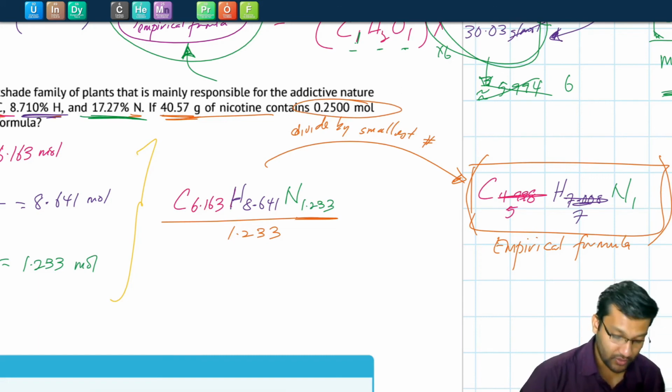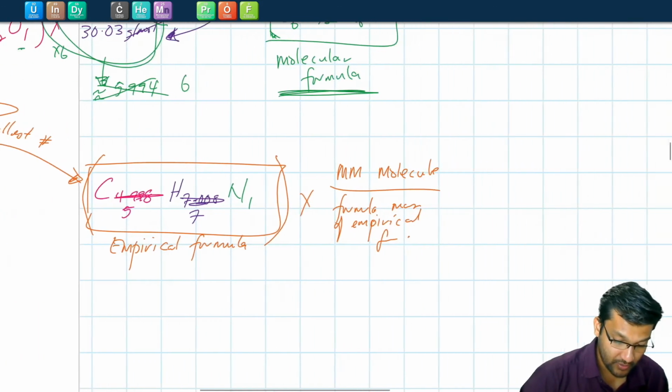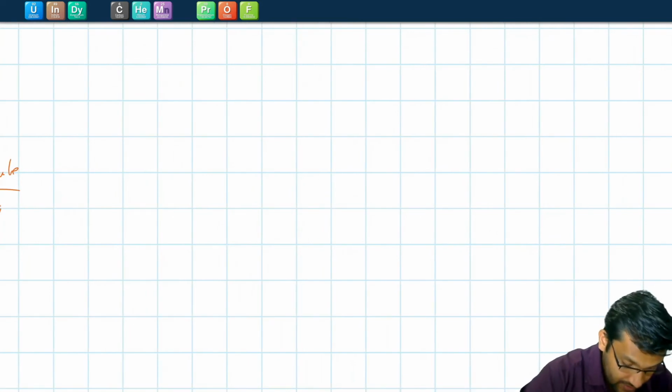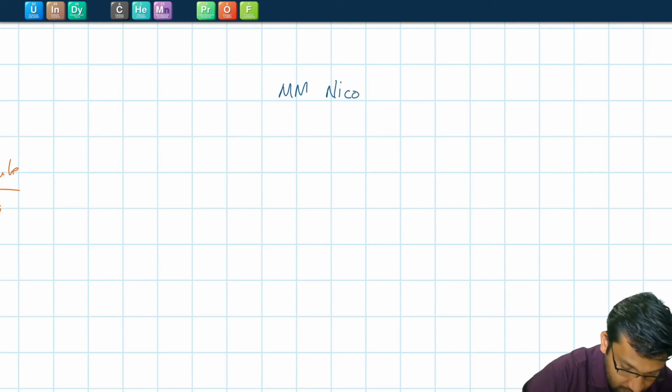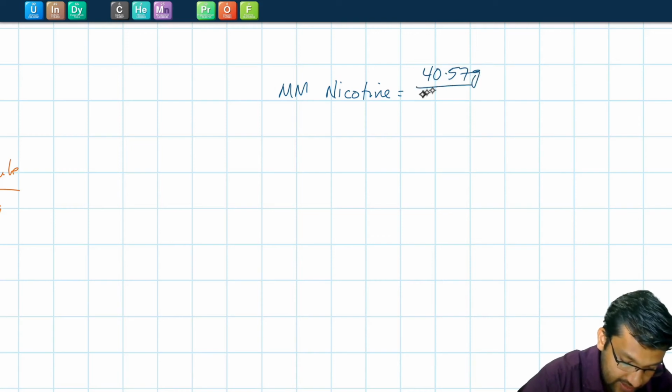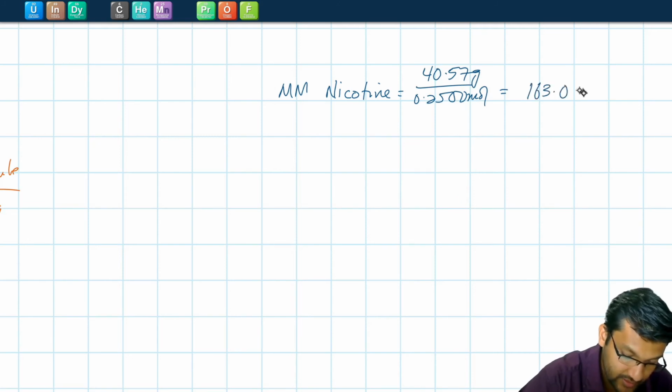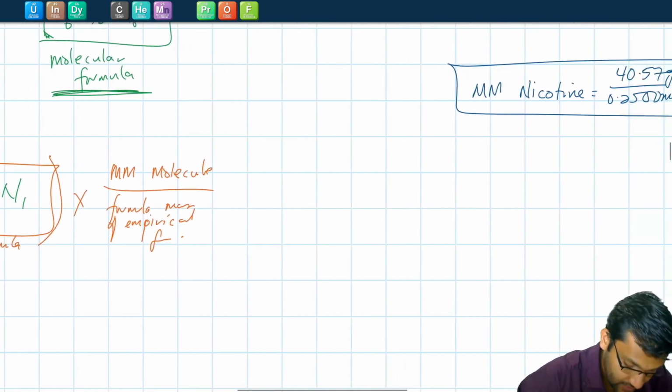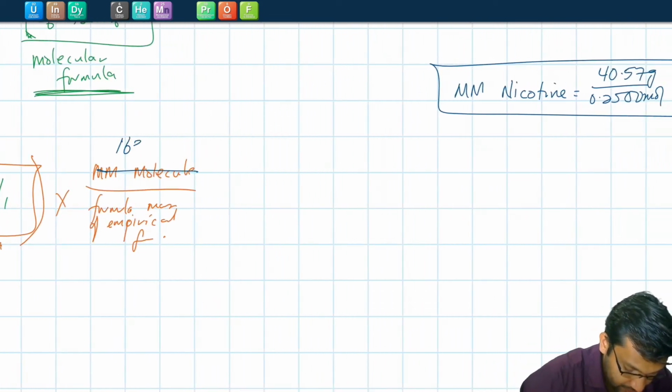Grams of nicotine, moles of nicotine, we can figure out the molar mass, right? So the molar mass of nicotine is equal to 40.57 grams has 0.2500 moles, which means that it comes out to about 163.0 grams per mole.